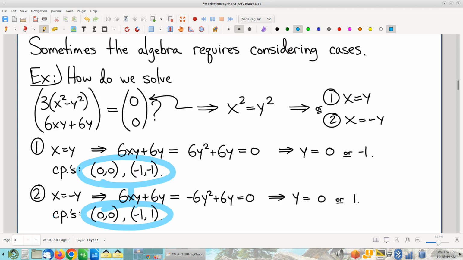So it could be that the actual maximizer, or whatever the question was actually asking, might be one of the critical points that you would have found even if you had ignored the cases. Not the point. Right? The point is that the reasoning isn't valid, and so you're gonna take a hit points-wise if you don't consider the cases. Right? So make sure to be careful about that kind of thing.